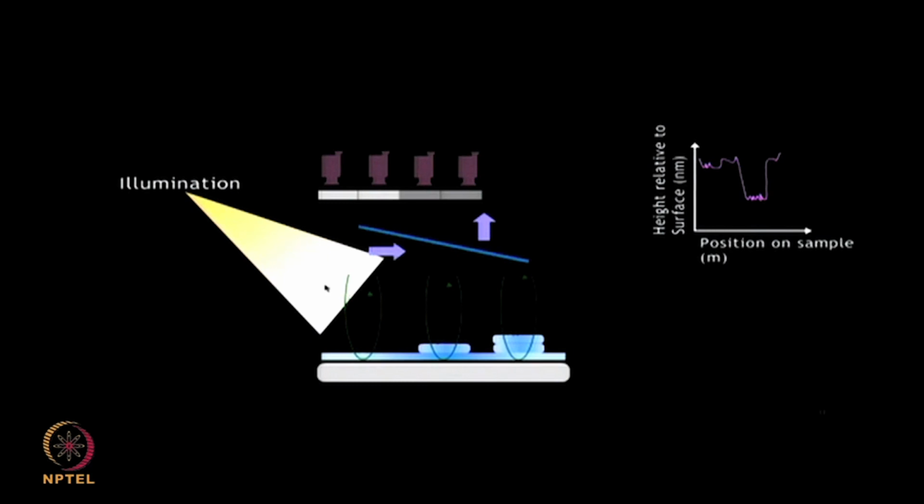As you can see here in this animation, when the biomolecules are printed at different depth, that difference in the optical path difference is measured here on the silicon dioxide and silicon surface.